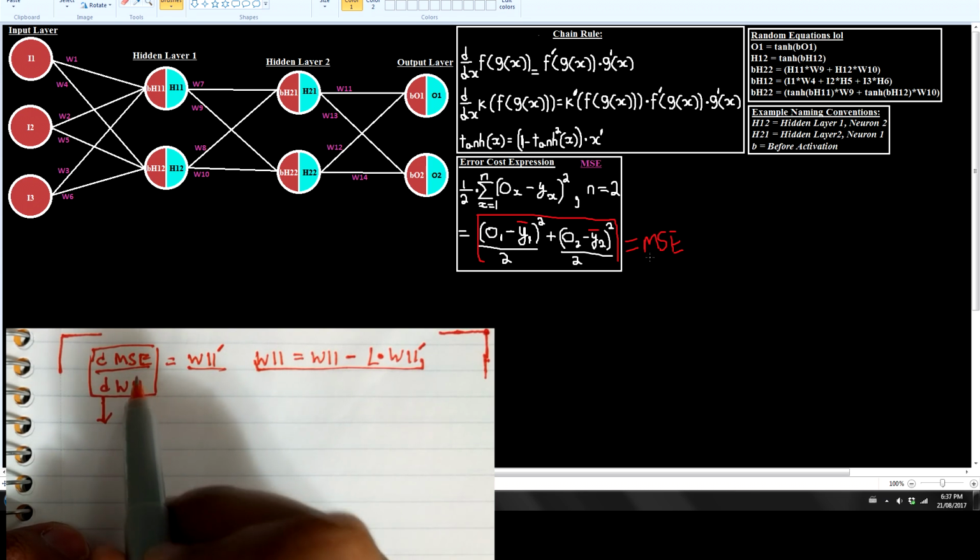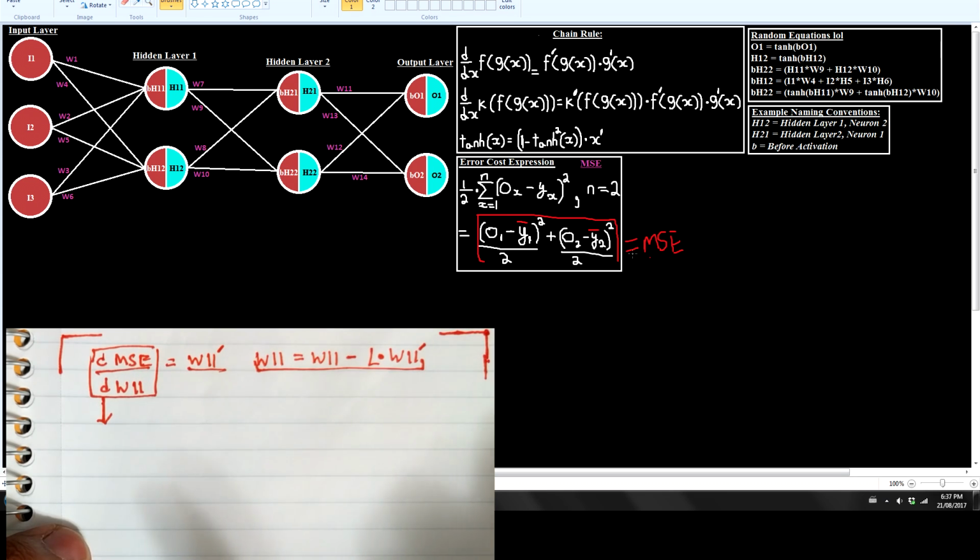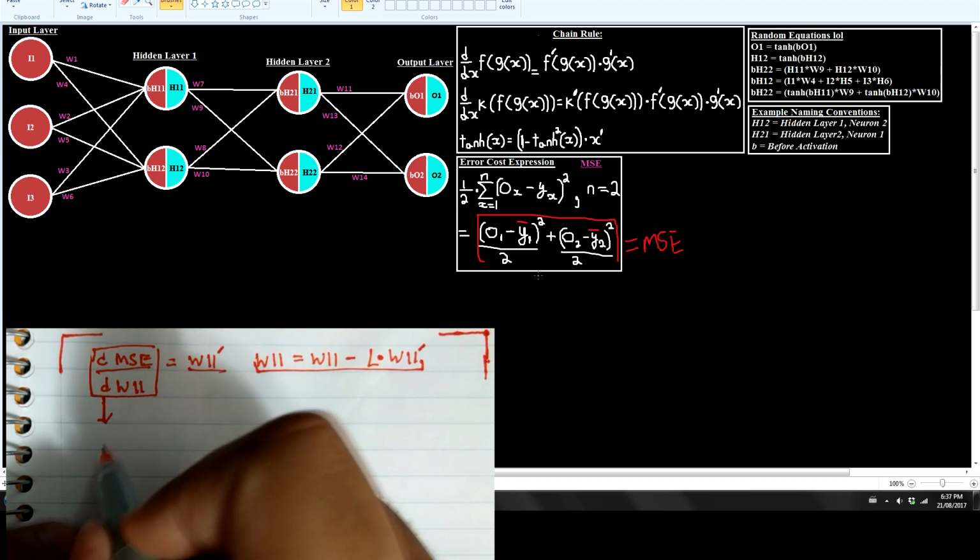As you will notice, the mean squared error for the derivative of W11 actually has two parts. It has the initial (O1 minus Y1) squared divided by 2 plus the (O2 minus Y2) squared divided by 2.